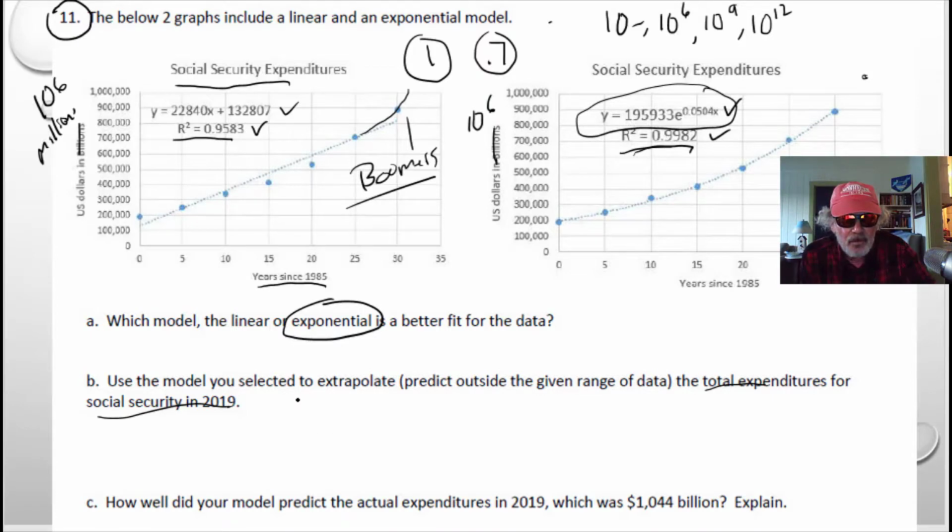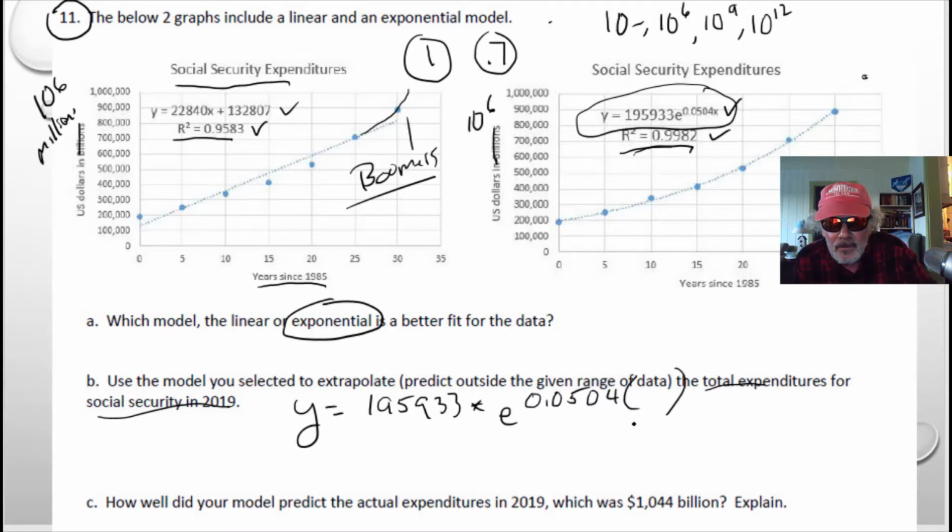So I'm going to have the total expenditures equals 195,933 times e raised to the 0.0504, I believe I see.